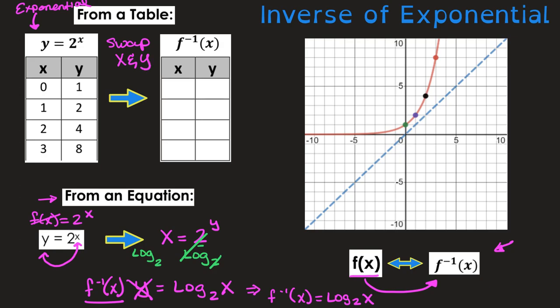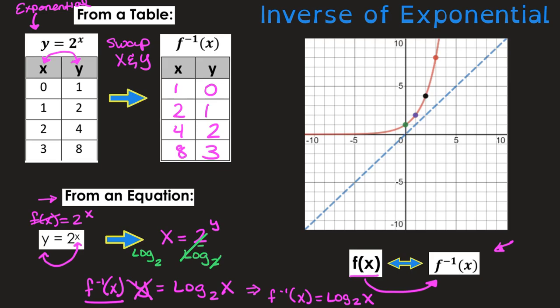So in my original, y equals 2 to the x power, I'm going to take my x and y values, swap them around, and rewrite them in our new table. So 0, 1 is going to become 1, 0. And I'm going to continue to do this. 1, 2 will become 2, 1. And then I'm just going to continue down until we get to 8, 3.